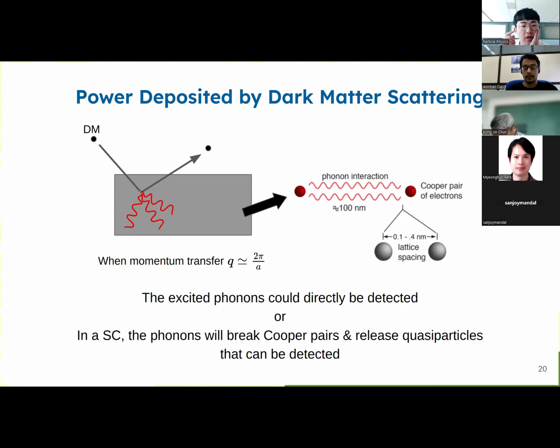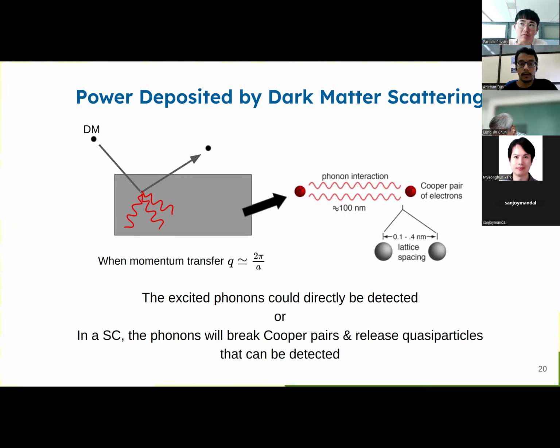I have a following question. Sure. You mean in your work you didn't consider the scattering between dark matter and electron? Not directly. There's no direct coupling between dark matter and electron. If we consider such a scattering with the electron, then we need to consider another momentum transfer or another signal.